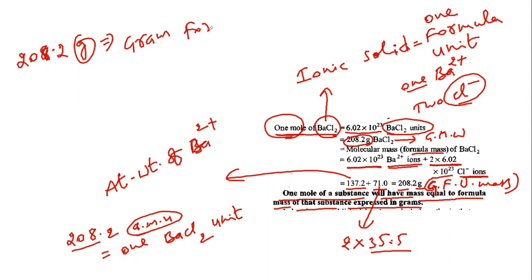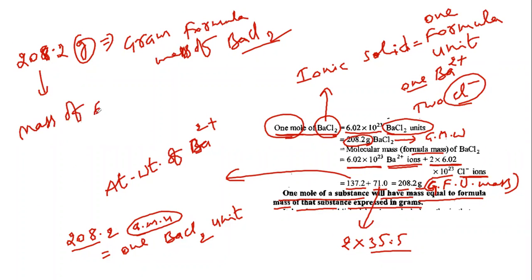Gram formula mass of what? Barium chloride. Gram formula mass of barium chloride is what now? 208.2 grams. Now it is equal to what now? This is equal to mass of how many? Mass of Avogadro number of barium chloride units.